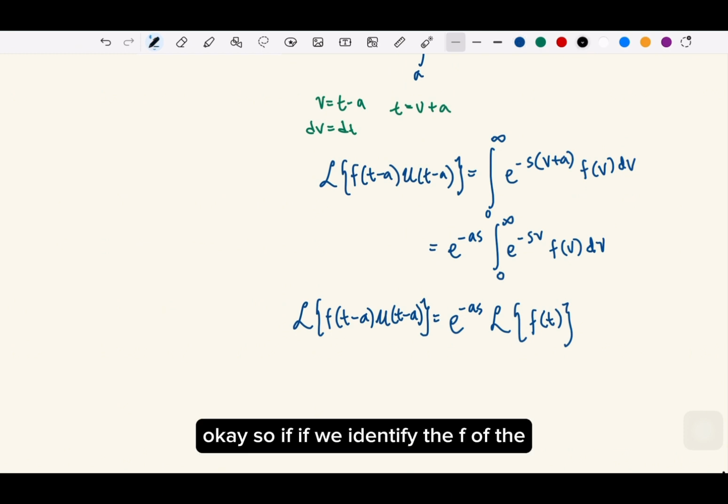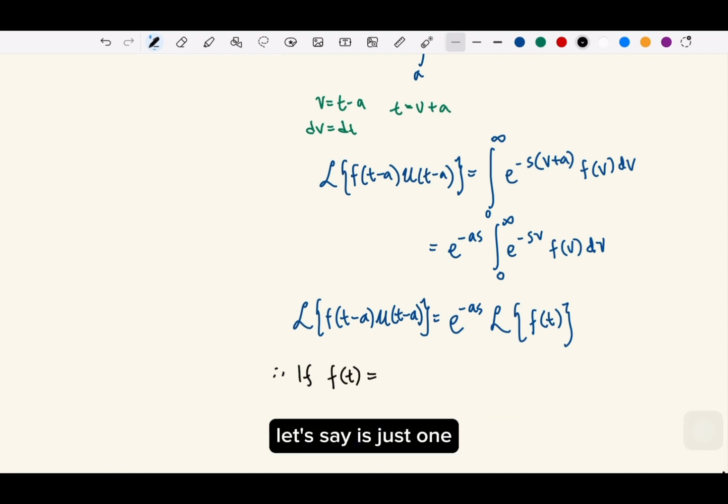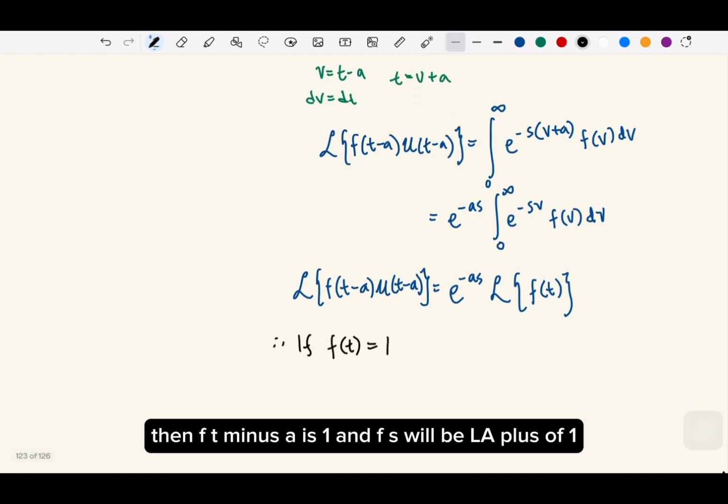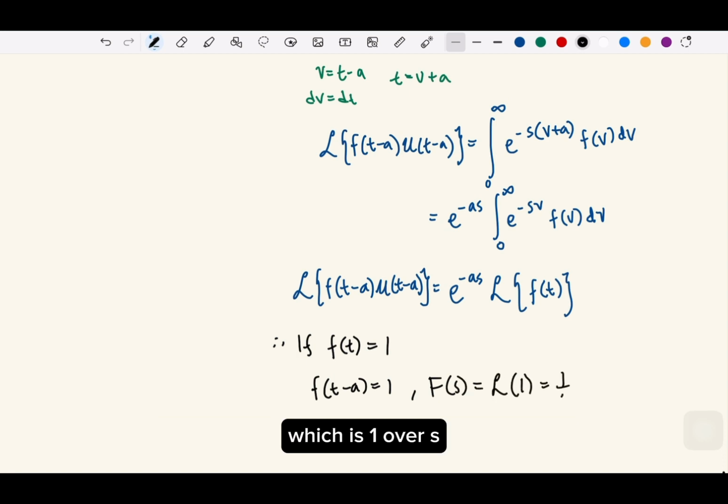Okay, so if we identify the f of t, let's say it's just 1, then f(t minus a) is 1, and F(s) will be Laplace of 1, which is 1 over s.